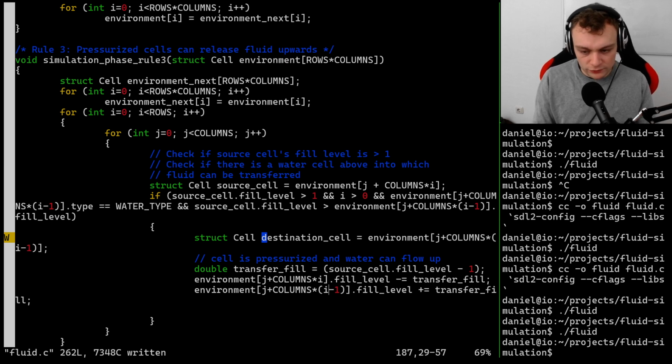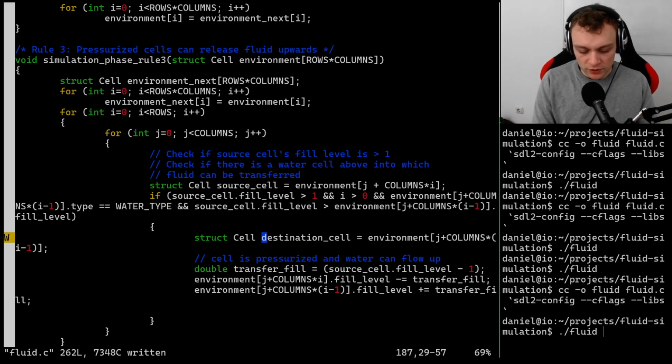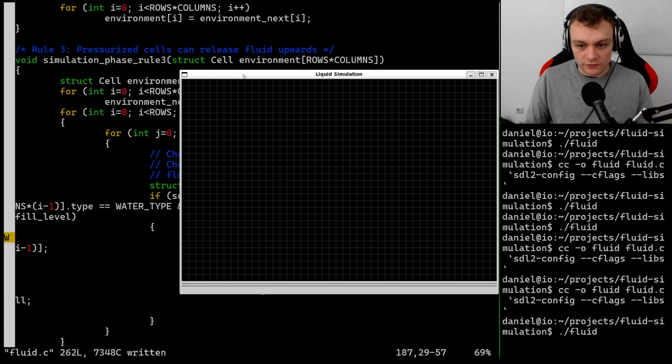Otherwise we would release pressure downwards, which is possible, but it should be handled by rule number 1. So let's compile and execute. Let's see how the fluid behaves.